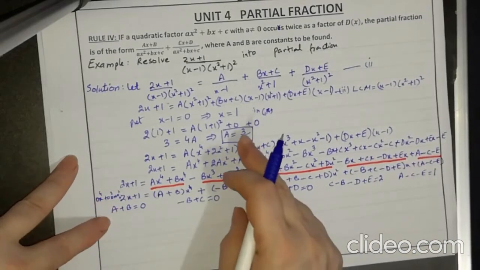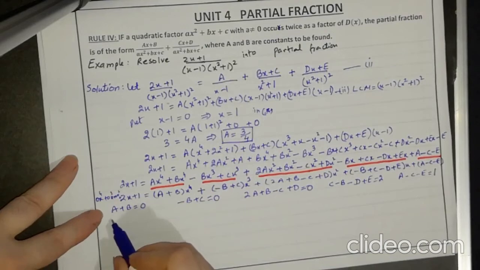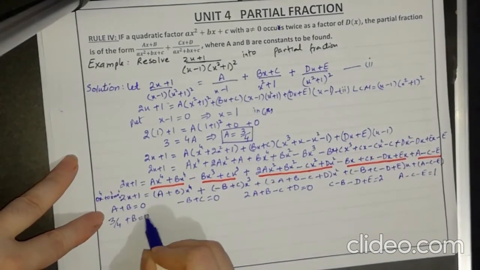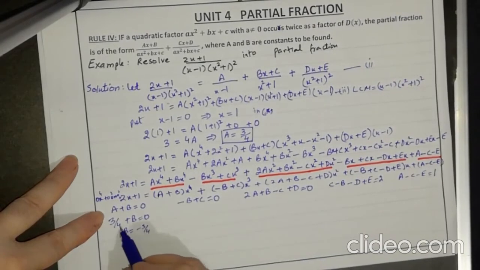So now we already have a value of a. Putting the value of a here, 3 by 4 plus b is equal to 0. So b is equal to minus 3 by 4. Now I have the value of b.